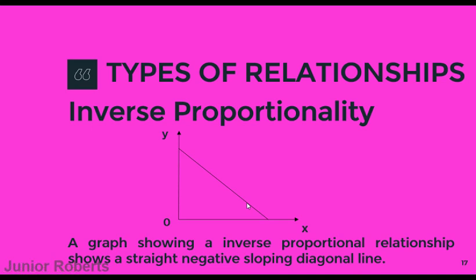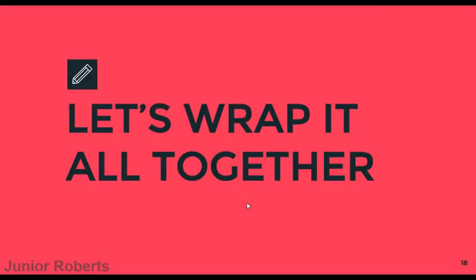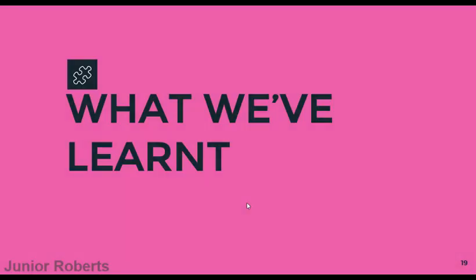So let's just quickly wrap everything together that we have learned thus far. We have learned that we can obtain information from a graph by extrapolating or finding the gradient of the line of best fit, right?